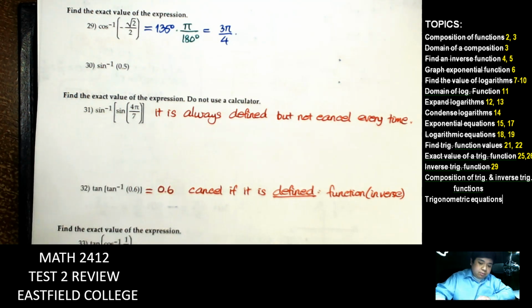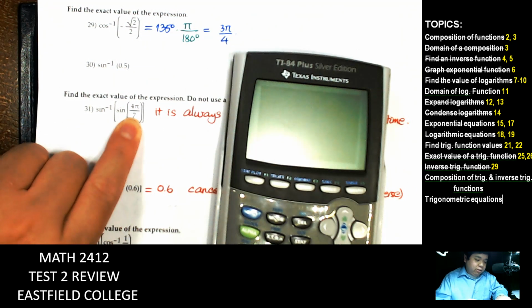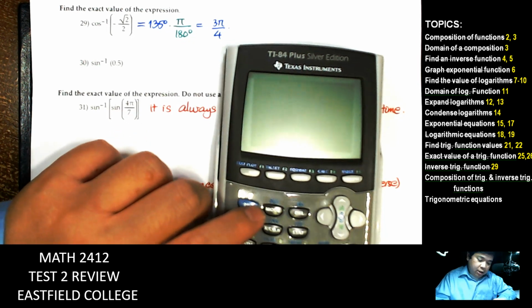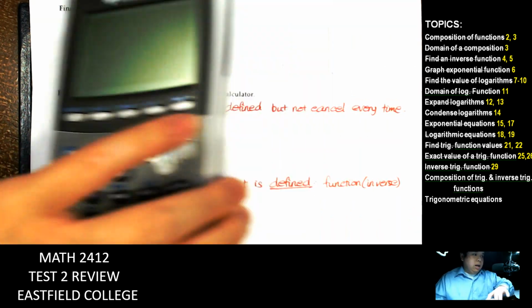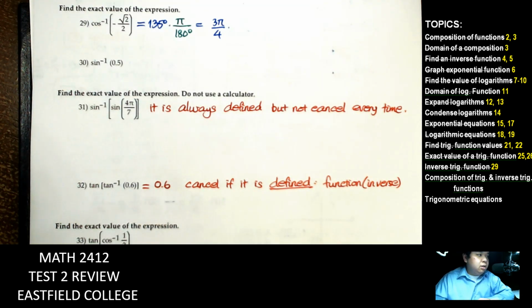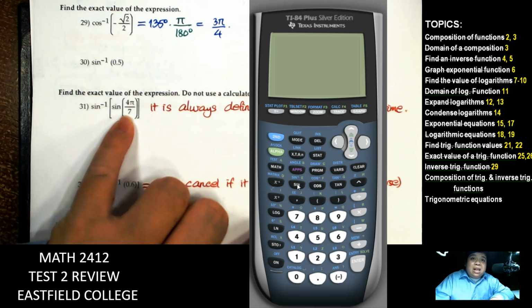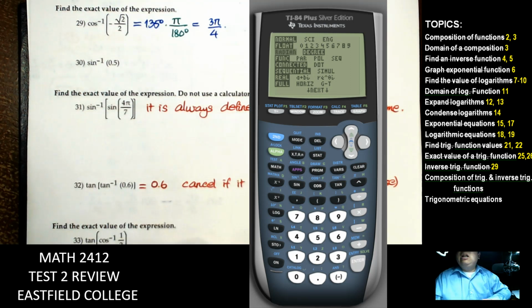Right, first, let's see. We have 4 pi over 7. Let's do this. I can use the calculator. Right, first, let's just type exactly what we have. We do need to keep this in the radian mode when we do the computation of the function in the inverse.